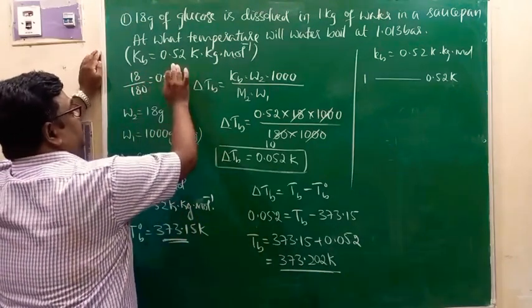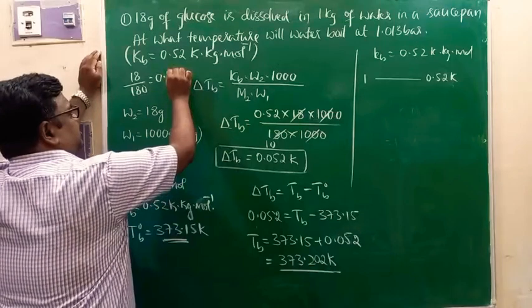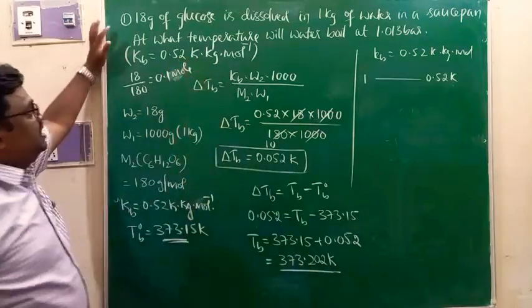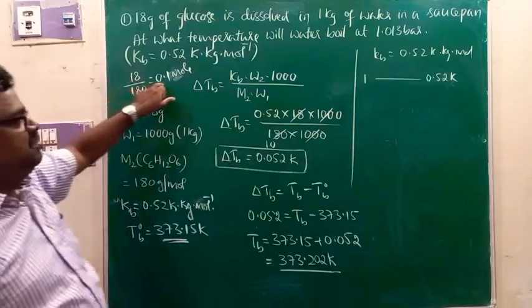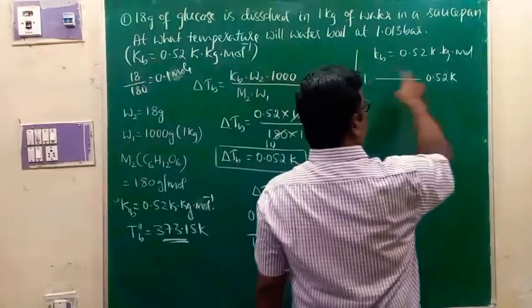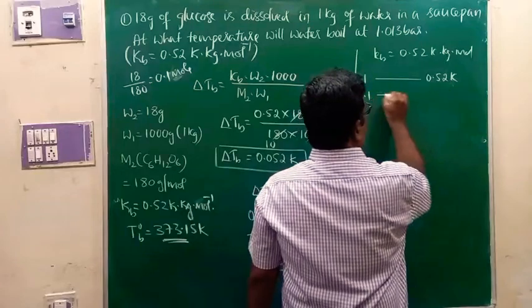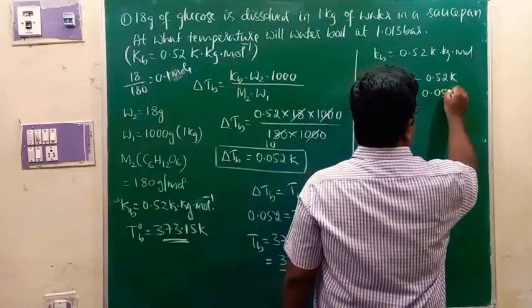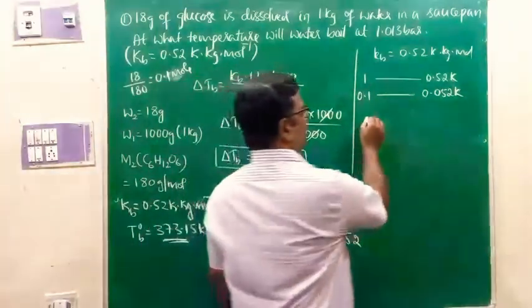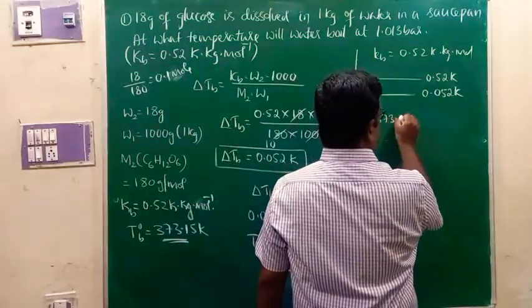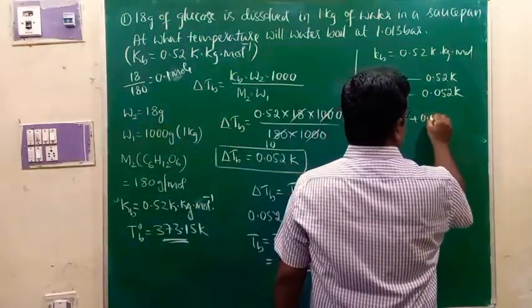0.1 mole. Dissolving 18 grams of glucose means mass by molecular mass, which is 0.1 mole. If 1 mole gives an increase of 0.52, then 0.1 mole gives an increase of 0.052. So that is the increase in boiling point. Therefore the boiling point is 373.15 plus 0.052, which is 373.202.